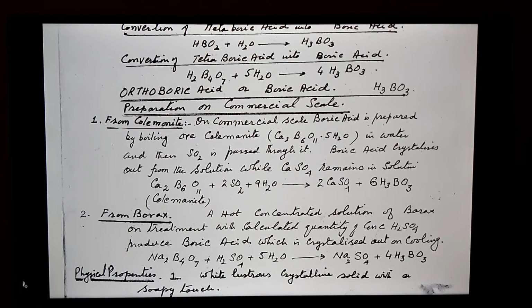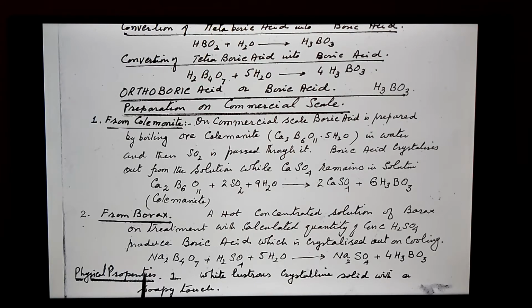The second method is from borax. A hot concentrated solution of borax on treatment with a calculated quantity of concentrated sulfuric acid produces boric acid, which is crystallized out on cooling.